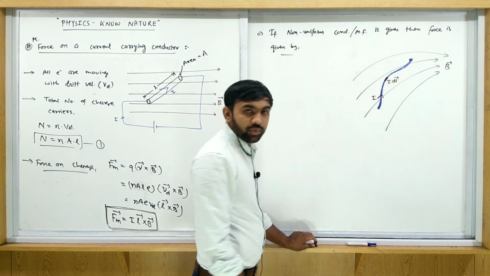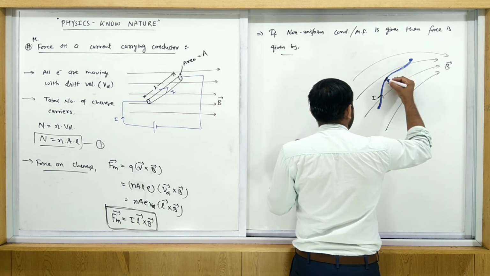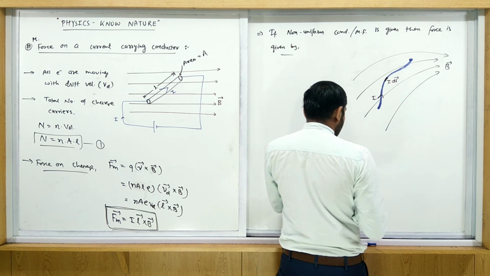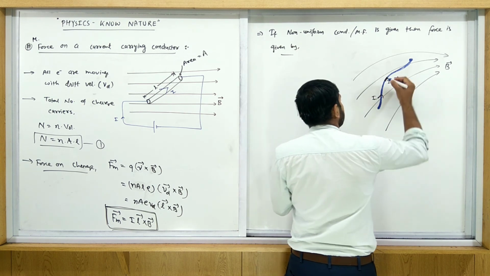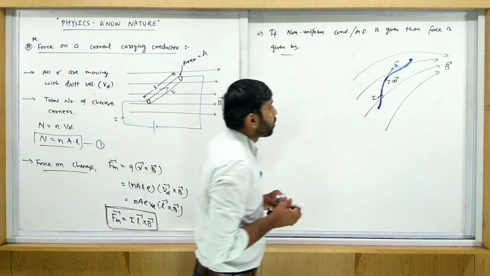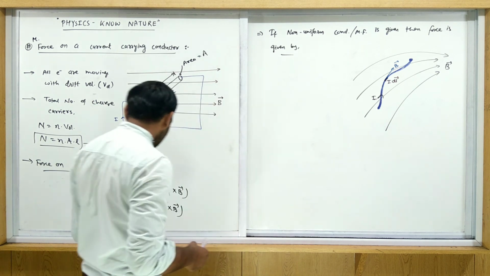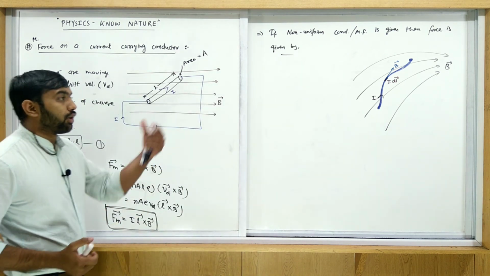Consider it is I dl. Suppose in this situation the magnetic field is like this, B. Within this small element we consider the magnetic field to be constant. So how do we write the equation of dF on the element?